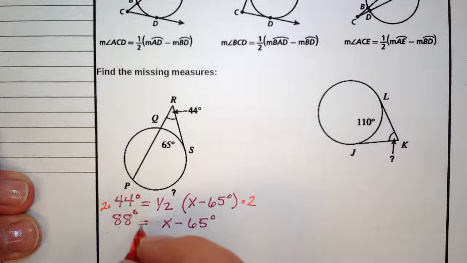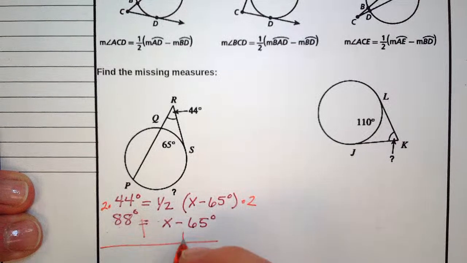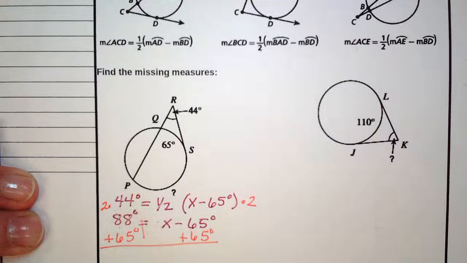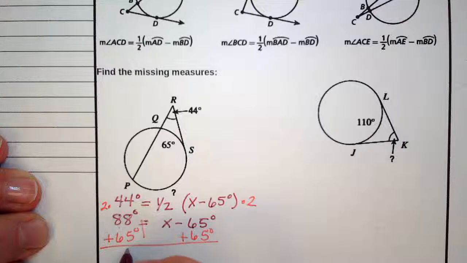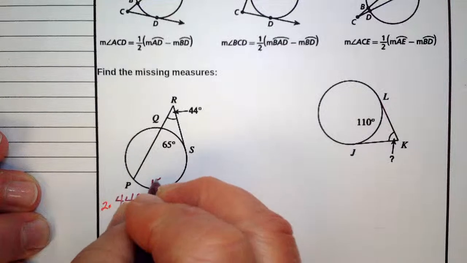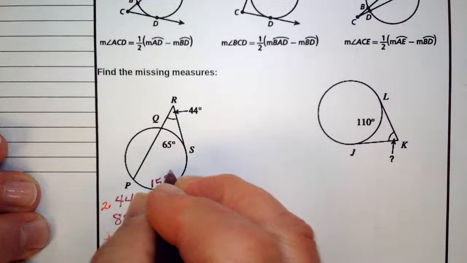Add 65 to both sides. 153 degrees is equal to x degrees. So this would be 153 degrees.